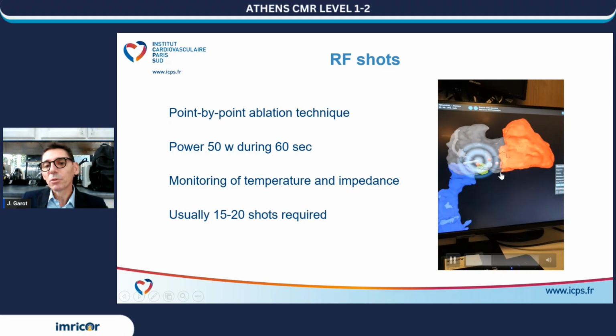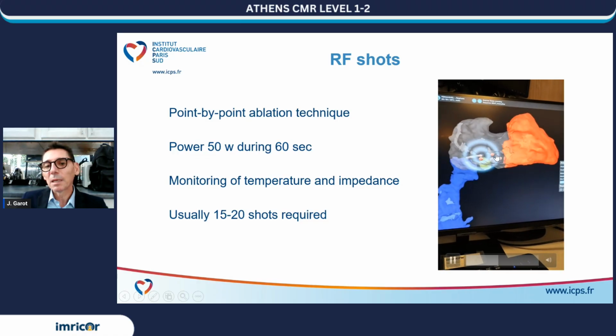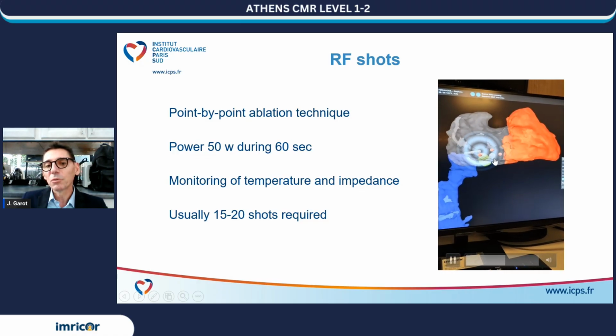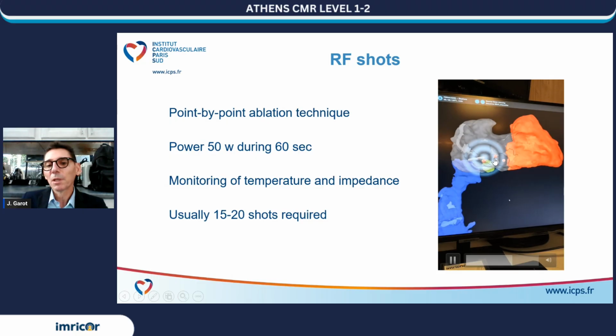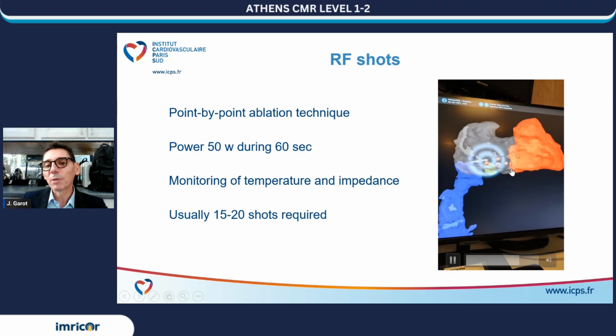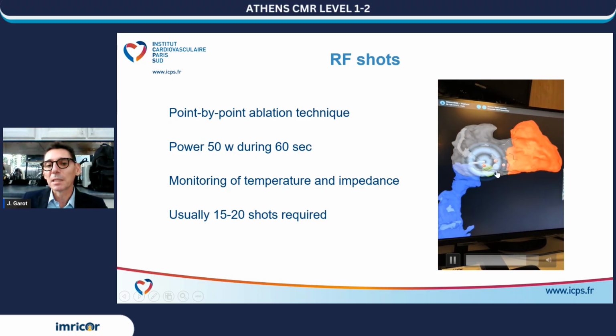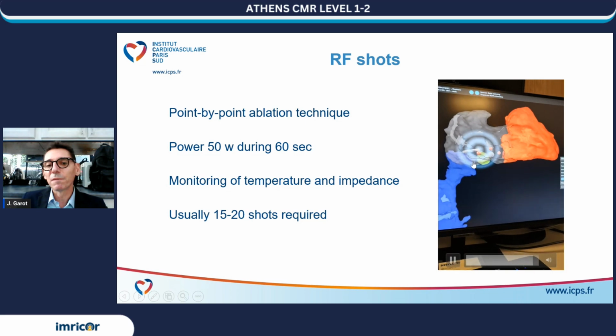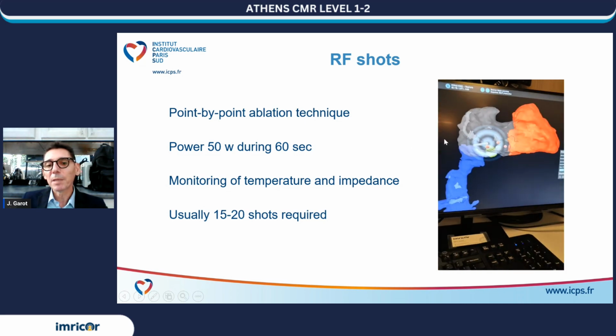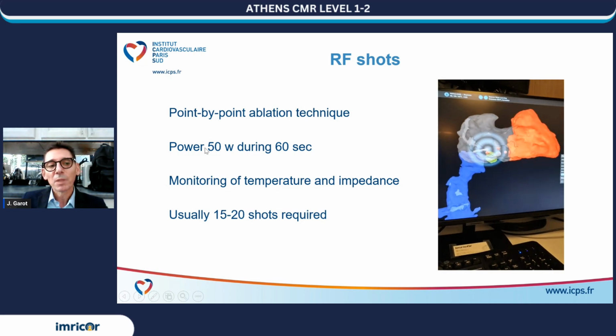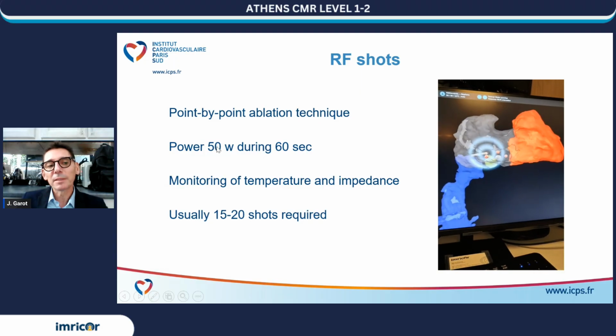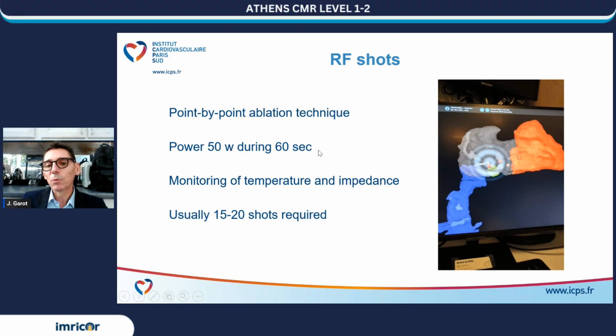It's important to know that it's a point-by-point ablation technique. You cannot do like in the EP lab, you cannot put your catheter here at the tricuspid valve and then drag a single line back to the vena cava. It's a point-by-point technique with each power delivered around 50 watts during 1 minute.